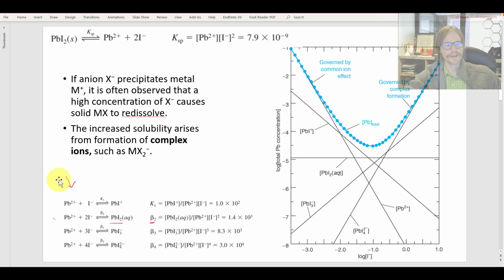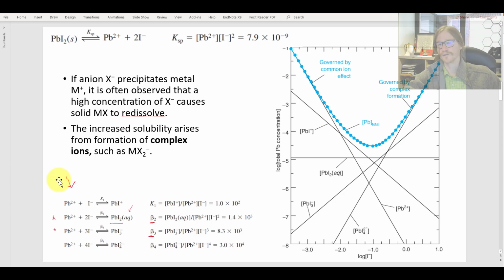So for example, in this second step, we go from lead-2 plus 2 iodides to form the aqueous species. In this third step, we go from lead-2 plus 3 iodides all in one step to form lead iodide I3 minus. You can compute these betas if you have the original stepwise Ks, because we would essentially just combine those reactions together.